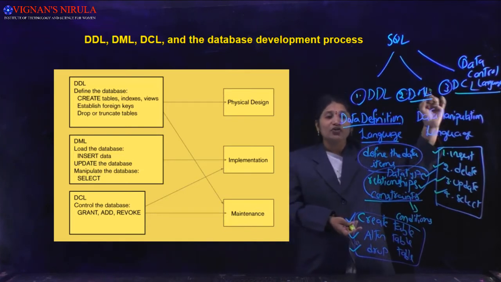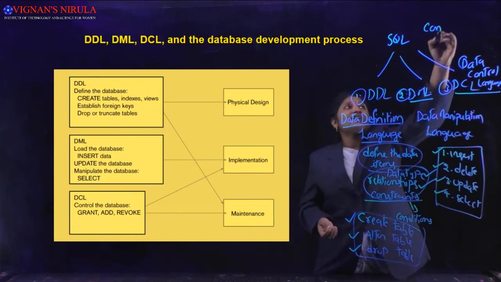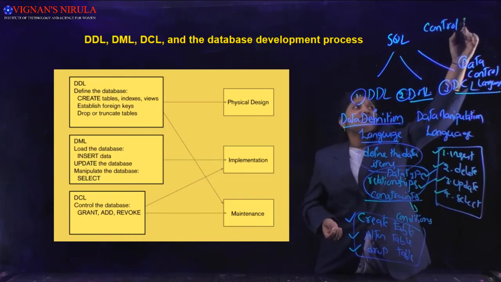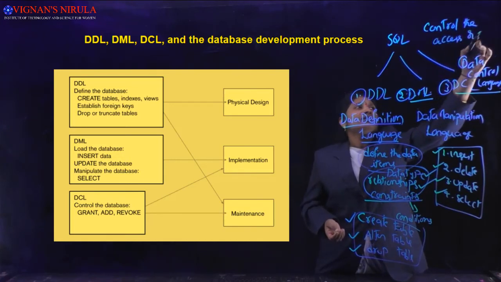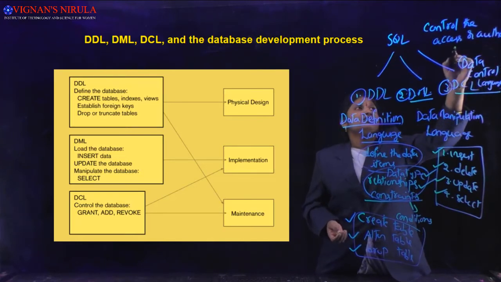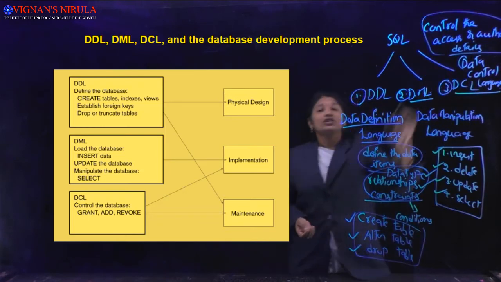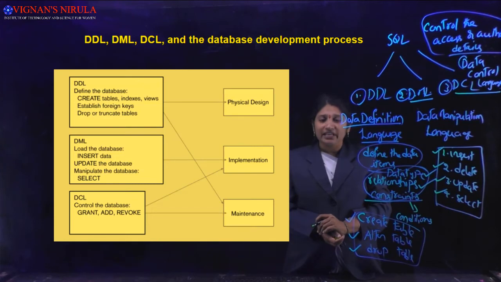The purpose of your DCL is to control the access or authorizations to the data that exists within your database. To control the access or authorization to your data in the database, we are using the DCL commands.